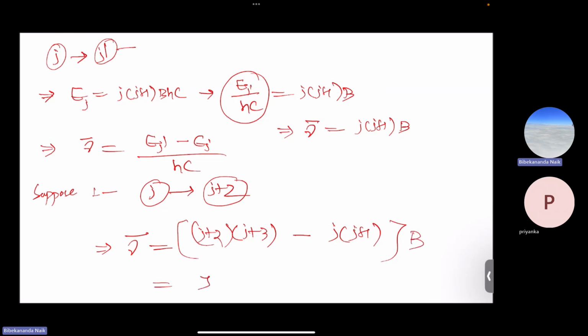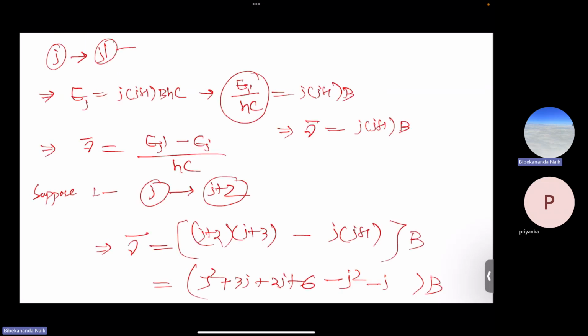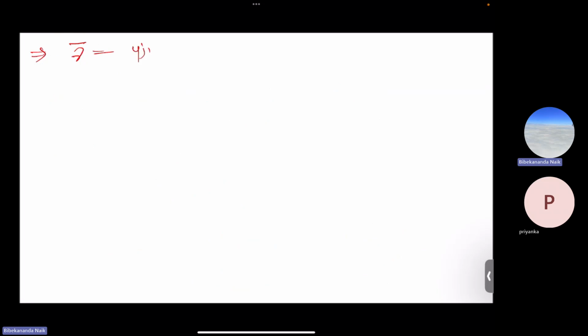If you calculate it, it will be J square plus 3J plus 2J plus 6 minus J square minus J, into B. So J square gets cancelled out, and it is 5J minus J, 4J plus 6, so nu bar is 4J plus 6 into B. If you take 4B common, it will be J plus 3 by 2.